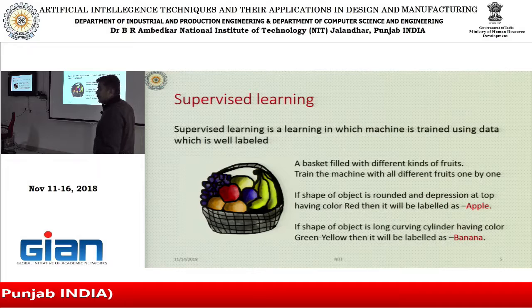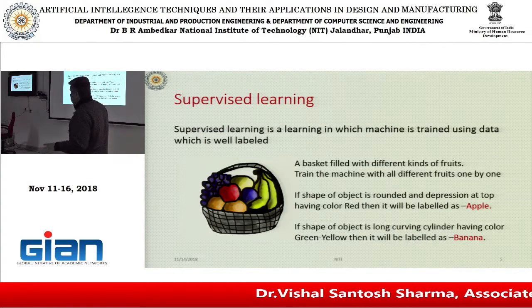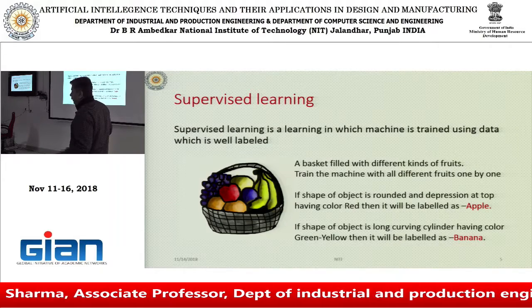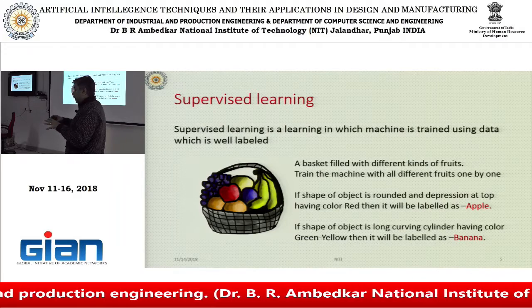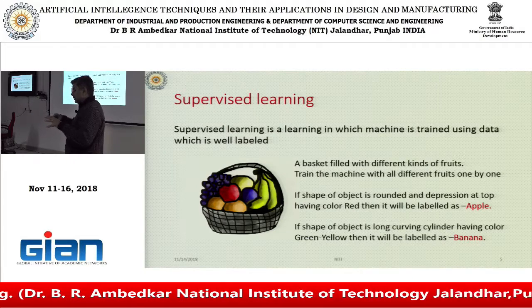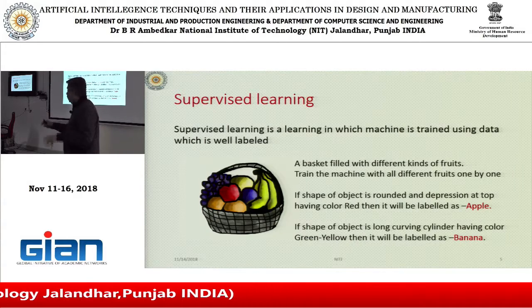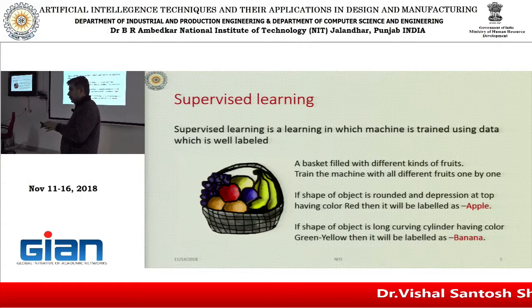tell me what is inside this basket. So in supervised learning, I will take a picture of, say, an apple. Then I will tell the machine that this is the apple. If this is the size, this is the color, this is the shape, it belongs to the apple category. Then for banana, in the same way I can perform the same thing.